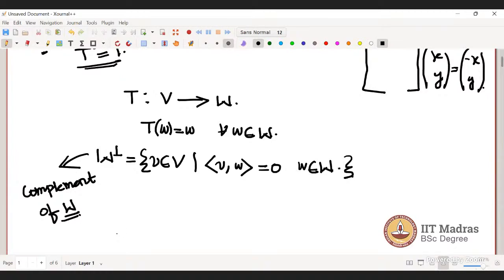Sir, is the first equation correct, T W equals W or T V equals W? What is the difference, sir? Normally we say T u equals v, here you write T W equals W. W is just a subspace of V, right?